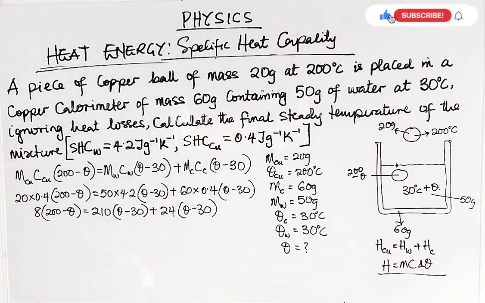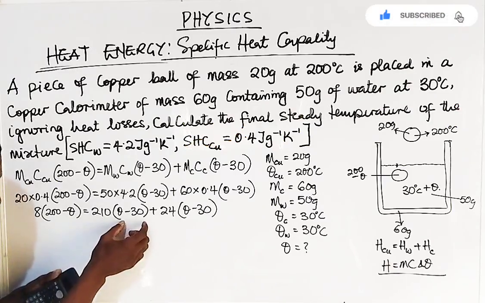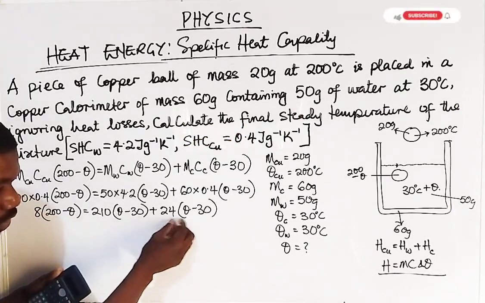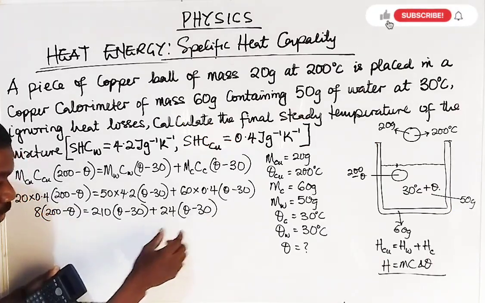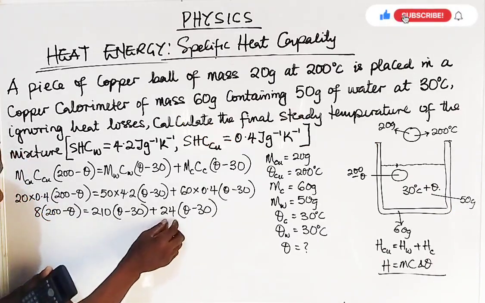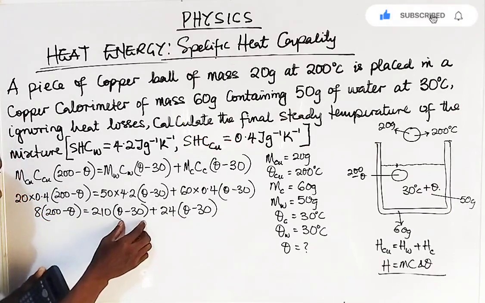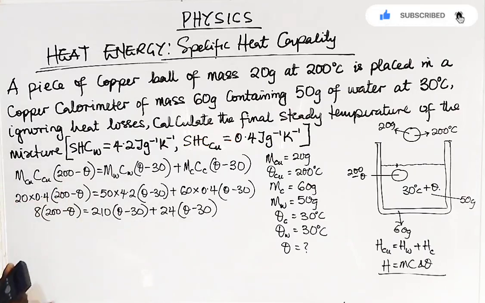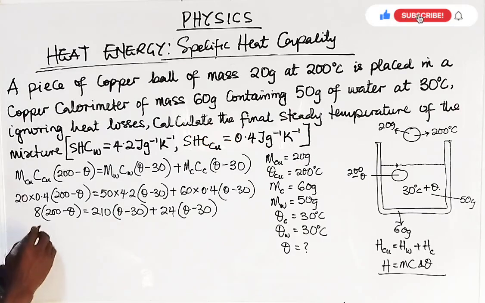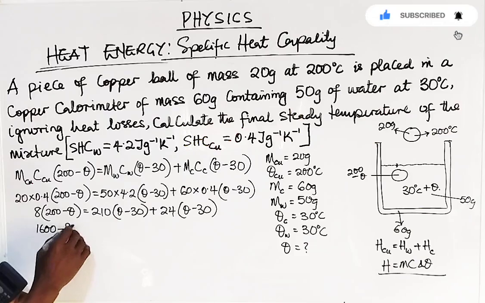Looking at this, for us not to stress ourselves much, you can see that 210 has the term theta minus 30, and 24 also has this term, theta minus 30. So let us factor out theta minus 30. On the left, opening the bracket, 8 times 200 will be 1600, and 8 times theta is 8 theta.